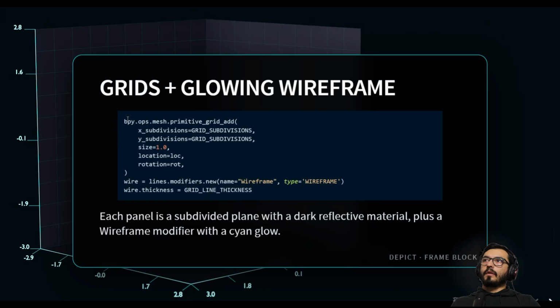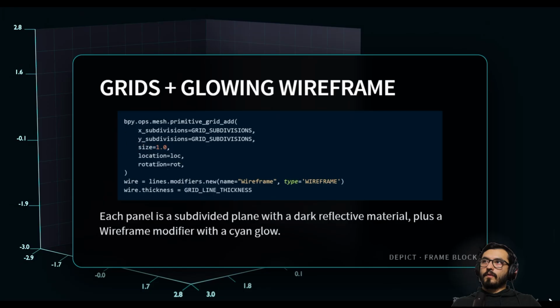We will create one mesh primitive, which will be a grid, and we will add a certain number of subdivisions that we will give as a parameter at the beginning of the script.